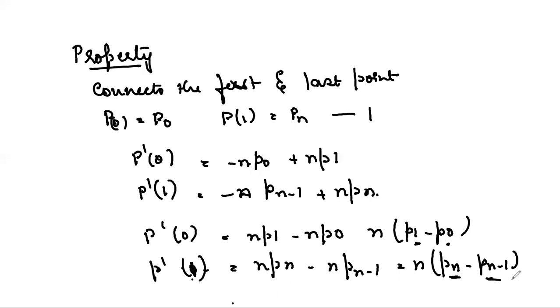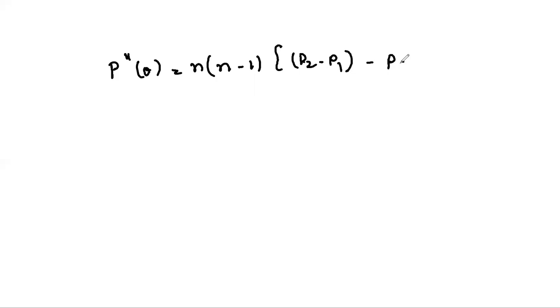Now let us look at the second derivative of the Bezier curve, which we write as P double dash of 0, equal to n into (n minus 1) times (P2 minus P1) minus (P1 minus P0). Okay.